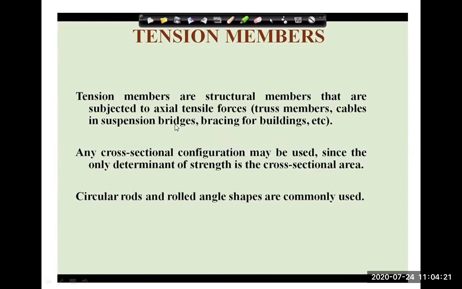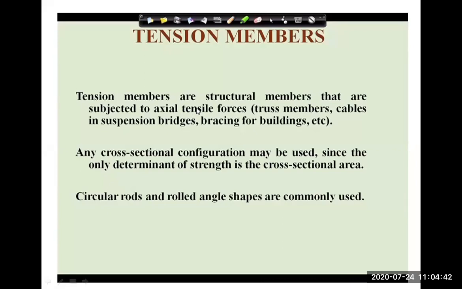So in the tension member, there is an axial tensile force. It means we apply the tensile force on the member axially, away from the joint or towards the joint.